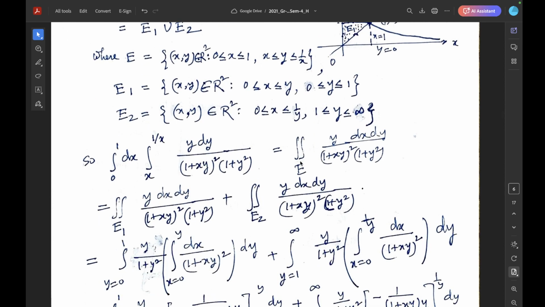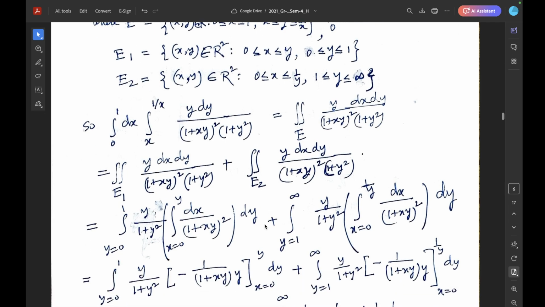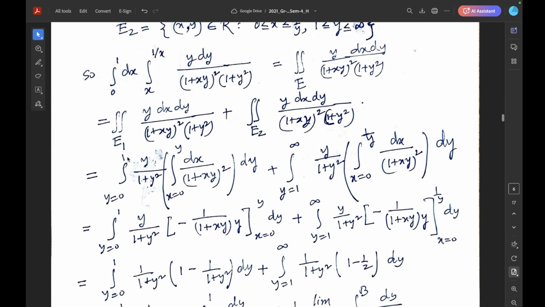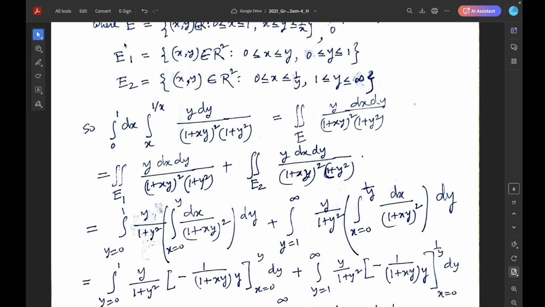So this double integration over E we can break into the double integration over E1 plus the double integration over E2. For E1, y goes from 0 to 1, and x goes from 0 to y, of dx by (1 plus xy) whole square, into dy.